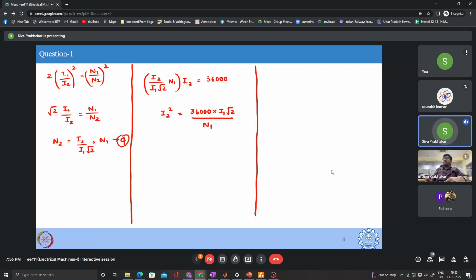You have the value of I1, N1. I'm going to substitute it. So it comes out to be 36,000 into I1 is 20 into root 2 by N1 is 900. So I'm just cutting it up. So it is 40. So it comes out to be how much? Can someone quickly calculate this value? For me, it comes out to be 33.63.